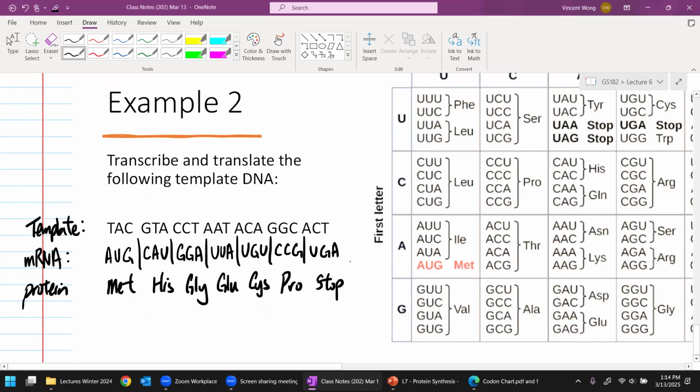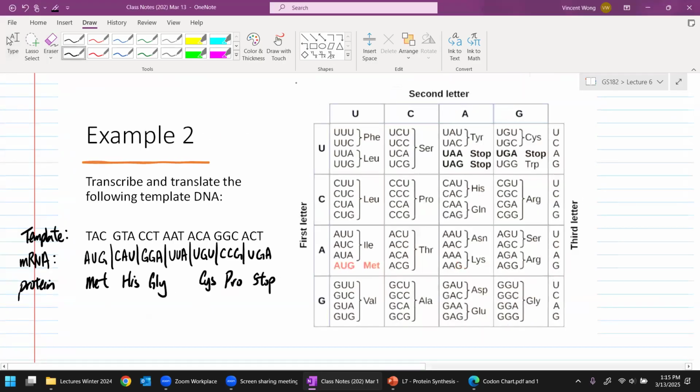I have no idea what the right answer is. I'm just copying what they say. Can you please verify? Yep. Which one? This one? LEU. Is it? Let's see. UUA. UUA is right here. Yeah, that's LEU.